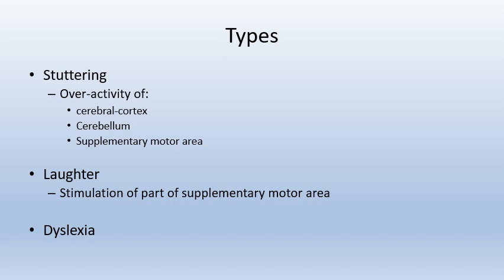Now, reading requires a pattern of activity which includes the occipital cortex, which is activated by visual features of letters, the angular gyrus, where print is transcoded into language, and Wernicke's region, the area that assesses. There is underactivation of these areas in poor readers.